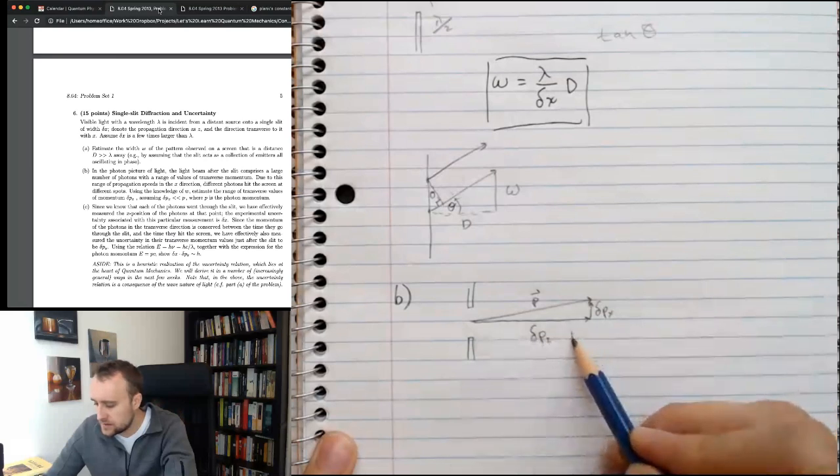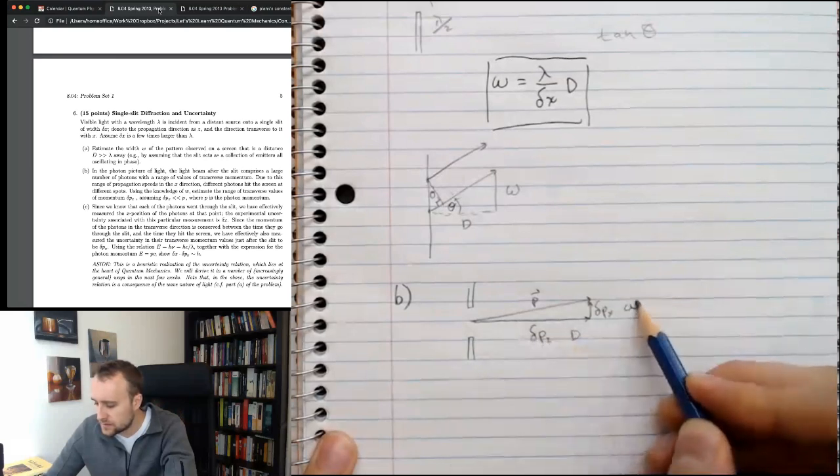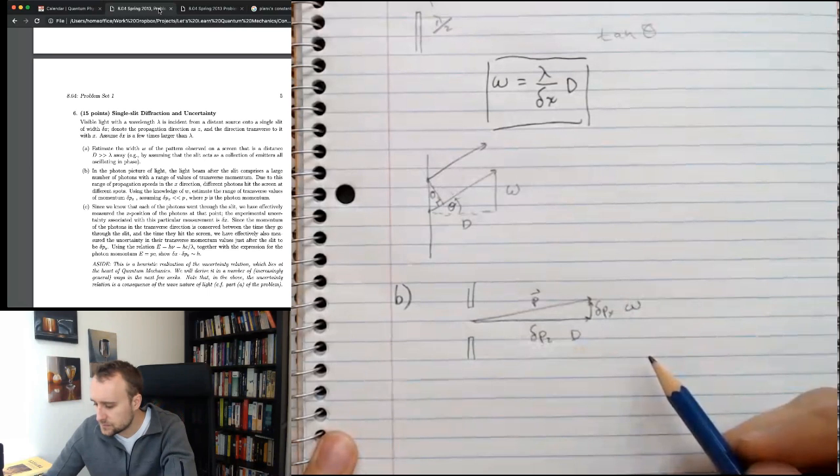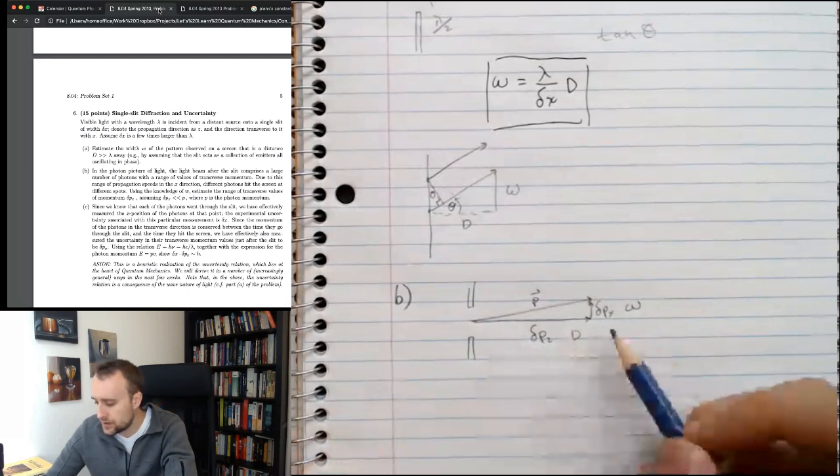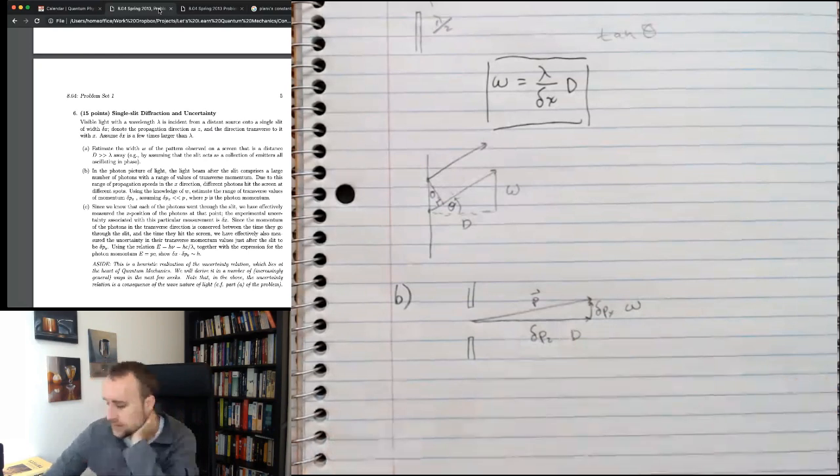So this is D, and this is this. And we know that it was traveling at the speed of light. How do we get the momentum from that component?